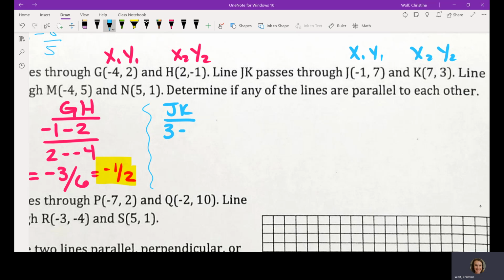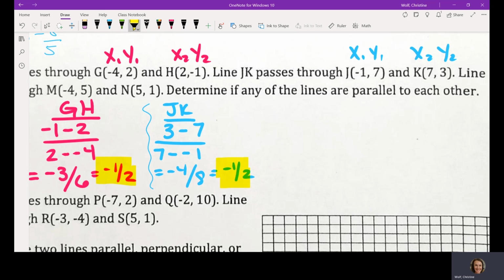So it would be 3 minus 7 divided by 7 minus -1. Am I going too fast with that formula? Do we all get why I plugged in that way? Okay. 3 minus 7 is -4 on top, and on the bottom, 7 plus 1 is 8. Let's reduce that. And it reduces to -1/2. So there we go. We know that those slopes are equal.